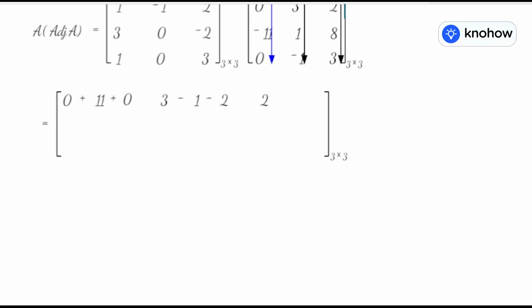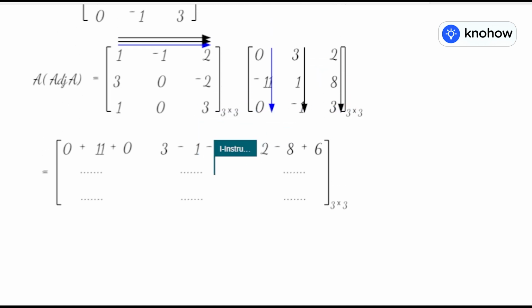And I leave for you to try the rest similarly, and you will get 11, you find here 11, and 3 minus 3, 0, and 8 minus 8, 0, and similarly you will get the elements of second row as 0, 11, 0, 0, 0, 11.